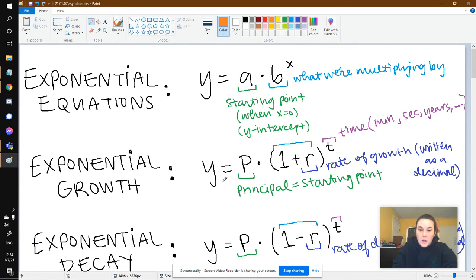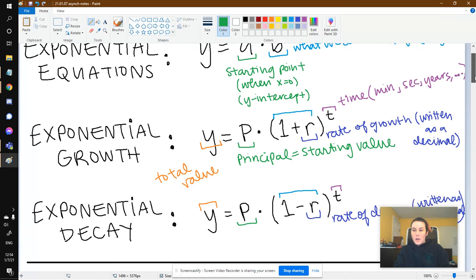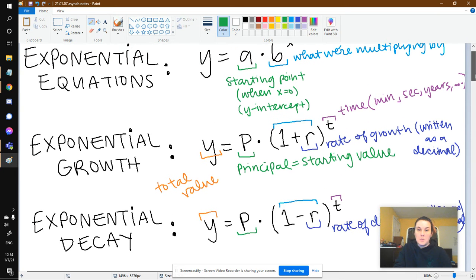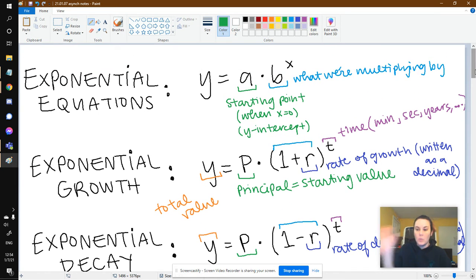And then finally, what we're finding in these growth and decay is the total value, right? So the starting point, we're actually going to call it the starting value to make that look nicer. And this is value. And again, I always post these notes on the Schoology page, so if you want to have this copy while you're watching the video or when you're doing homework.